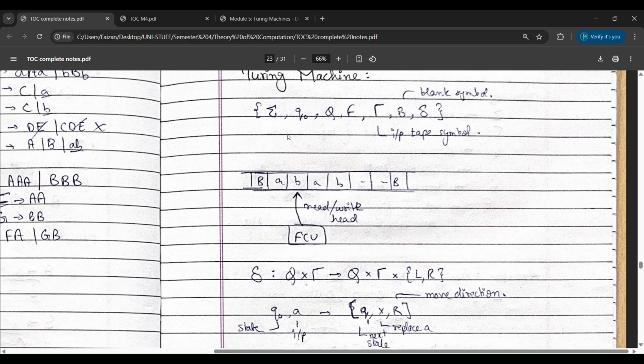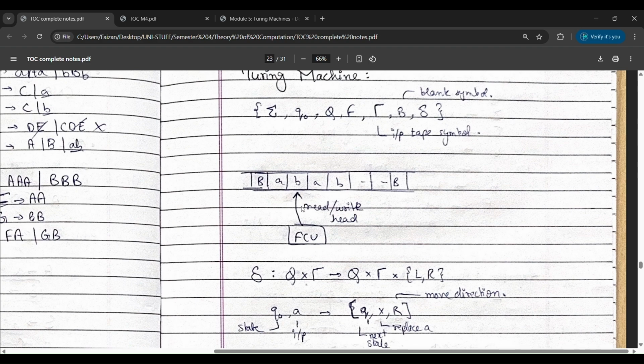Now, what is a Turing machine? In a Turing machine, you basically have an infinitely large tape, which extends in both directions. The tape has symbols on it, like we've been seeing, the input symbols that you read, and there is an FCU. This is a finite control unit, and it has a read-write head that points to a certain symbol.